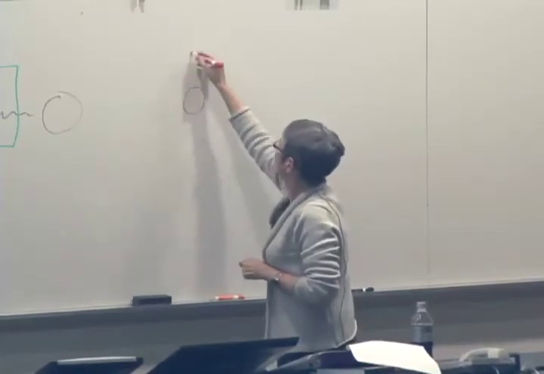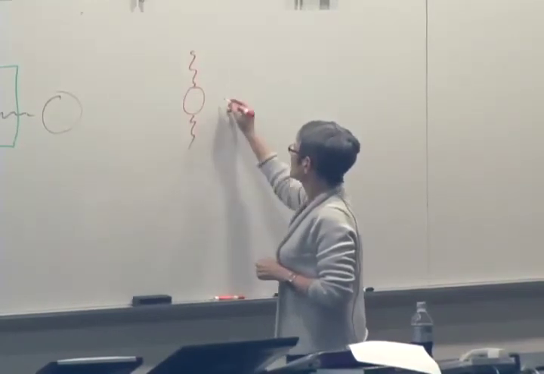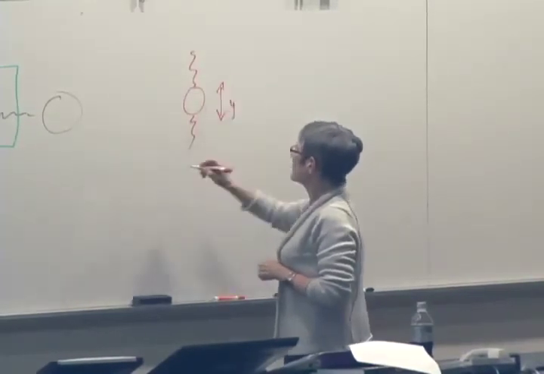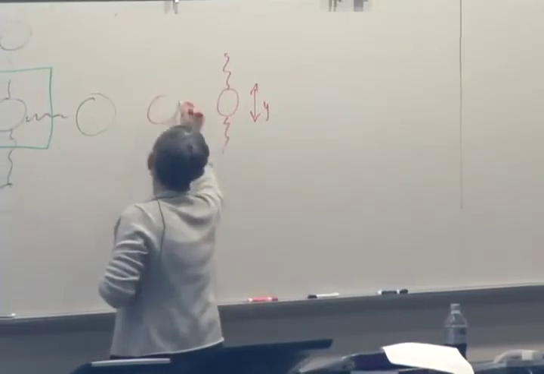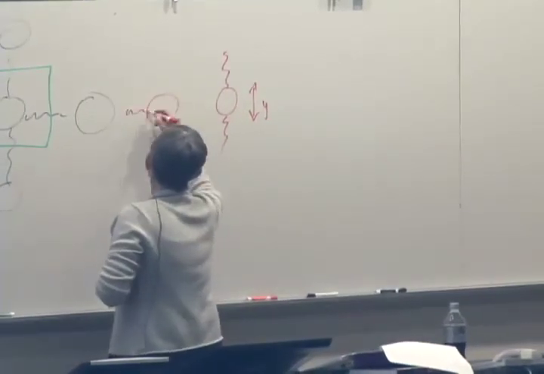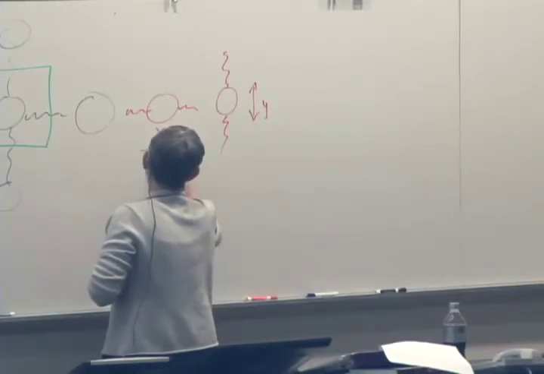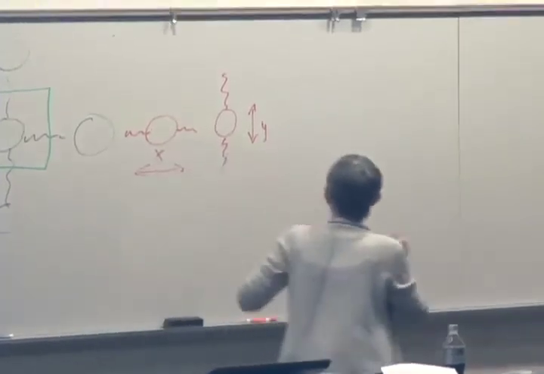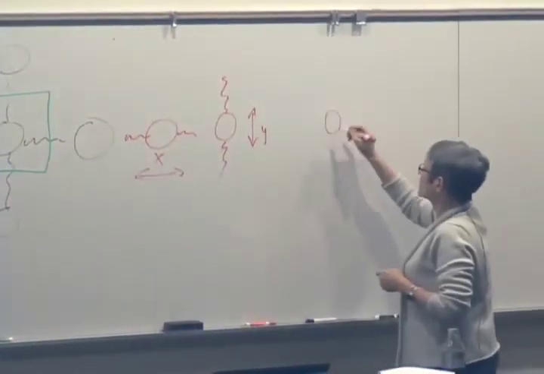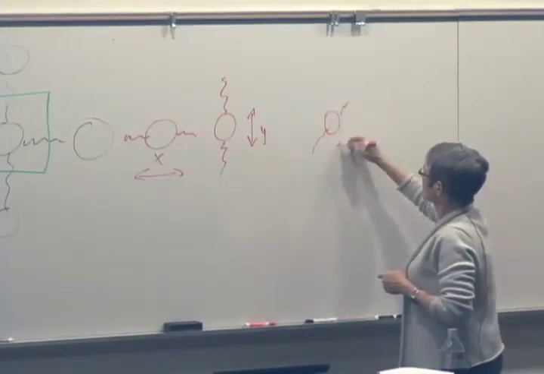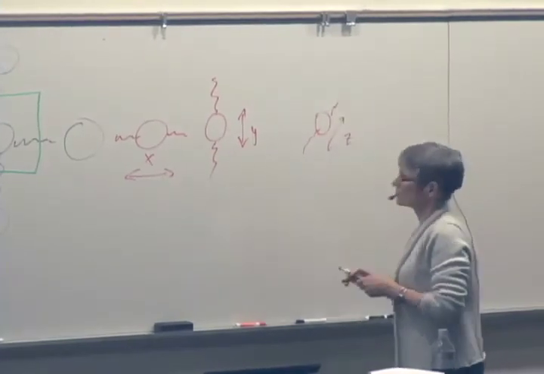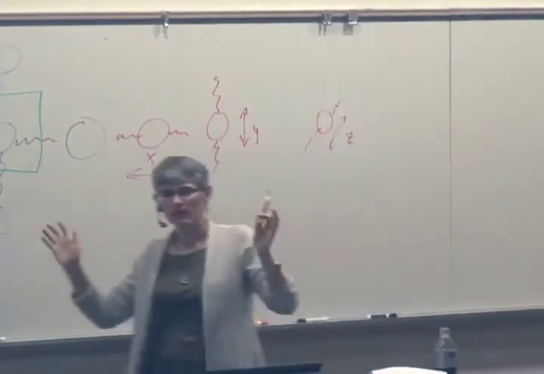So you have one that can oscillate only in the y direction, one that can oscillate only in the x direction, and one that can oscillate only in the z direction, and they're completely independent.